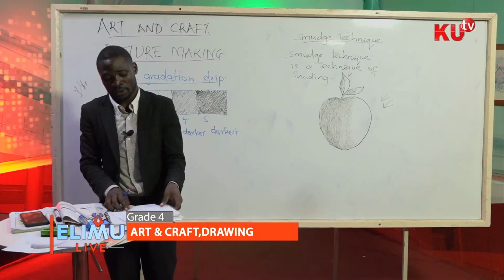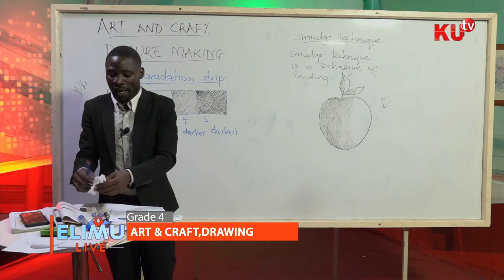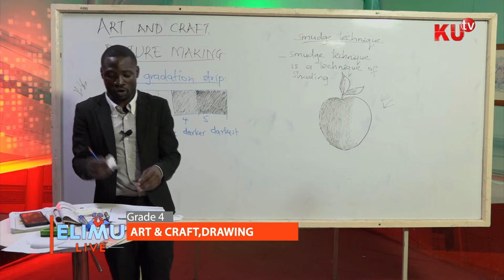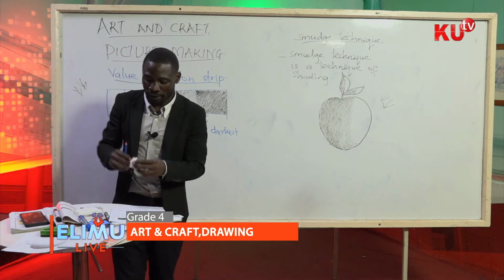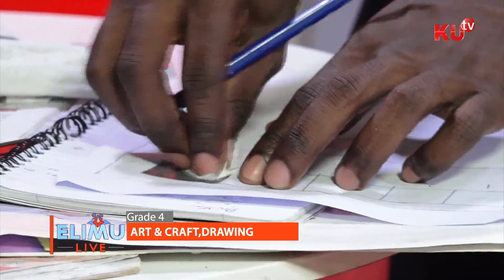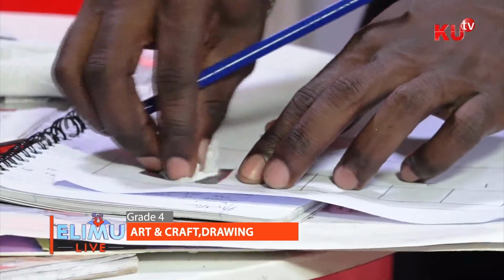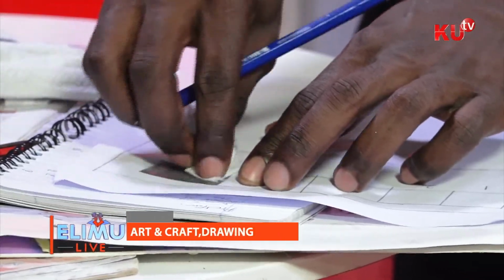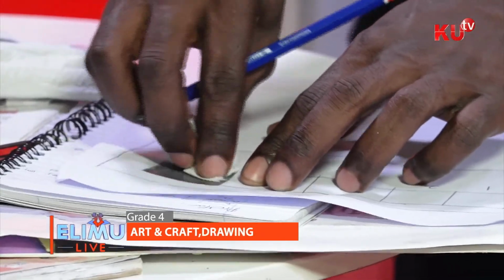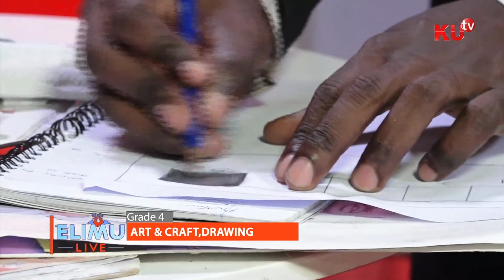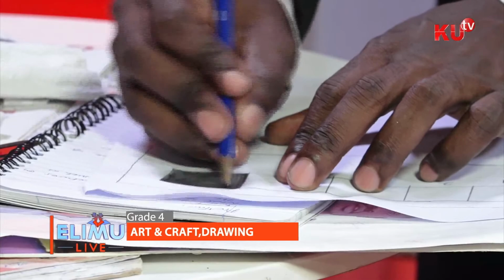After shading, you use a piece of paper which is very soft to spread the shading and make it smooth.